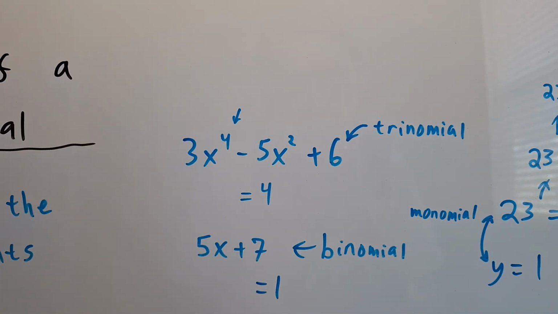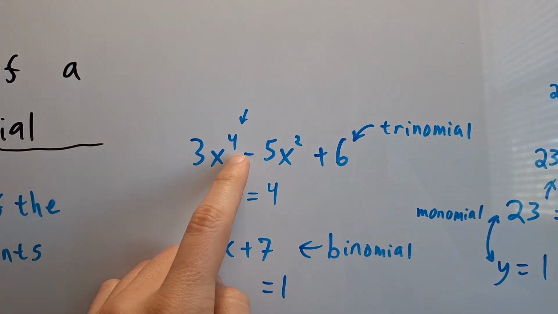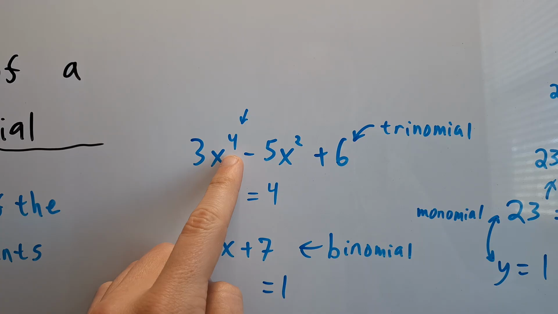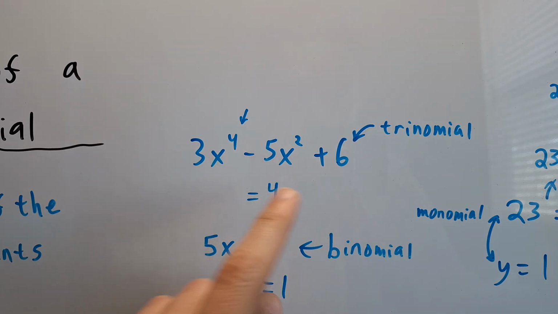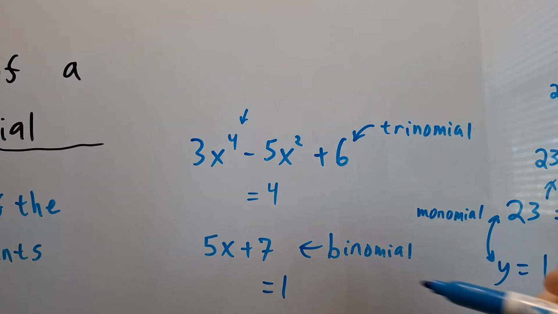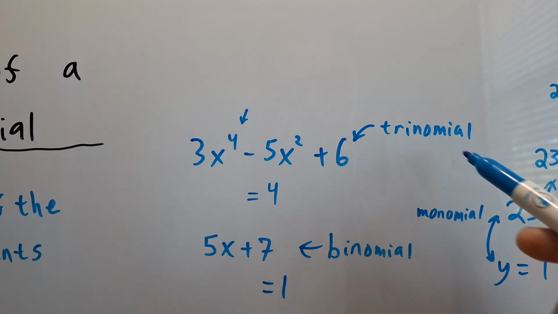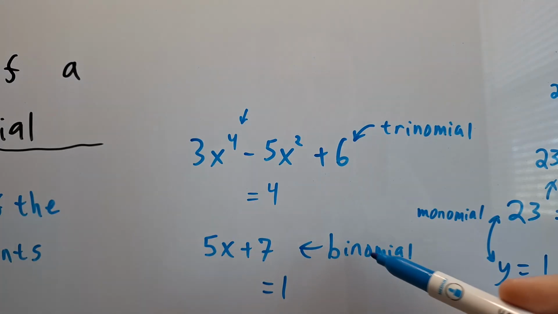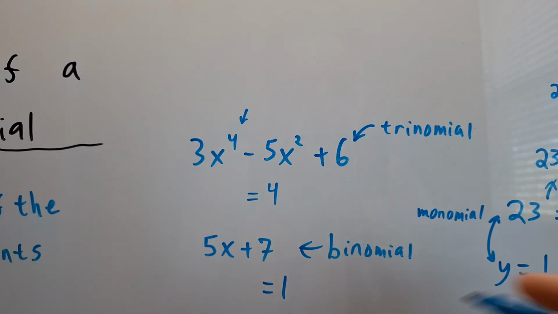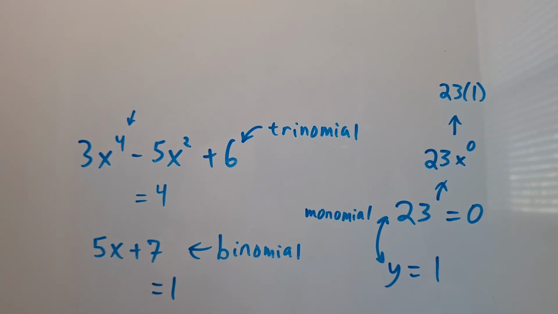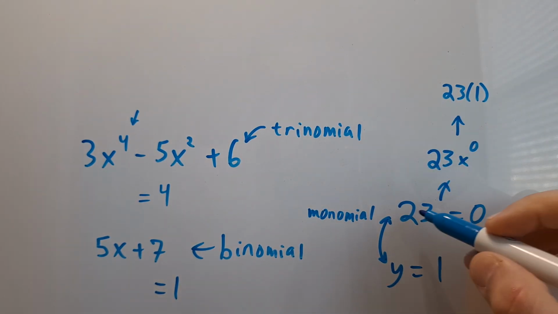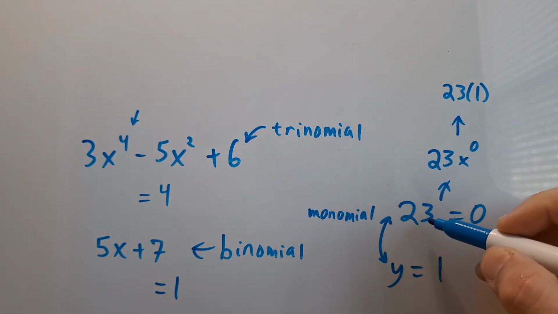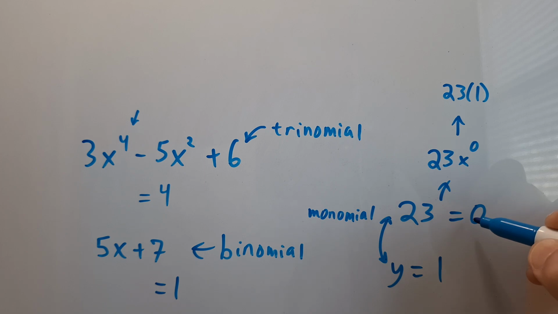So remember, finding the degree of a polynomial, you look for the largest exponent value once your polynomial is written in descending powers. Remember, trinomials are 3 terms, binomials are 2 terms, monomials are 1 term. And a random number by itself, its degree is 0.